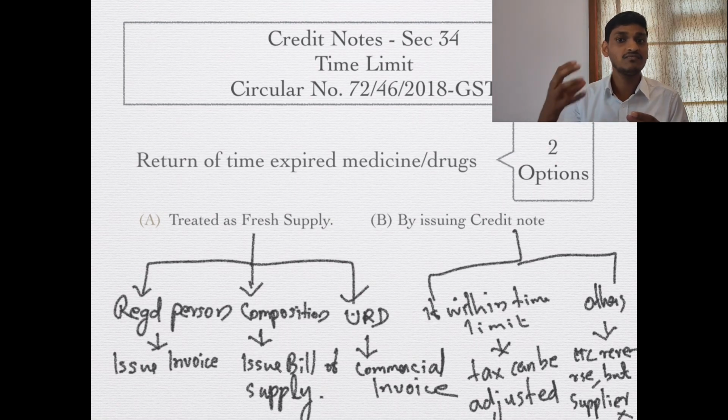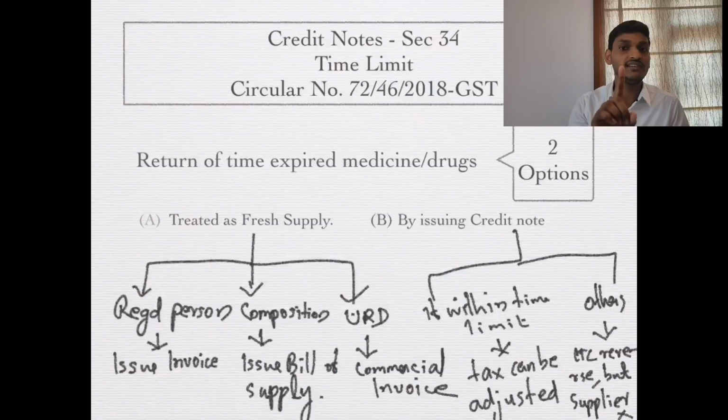That medicine will get expired in a specific time, right? So to avoid difficulties faced by the medicine industry, government has brought in a circular and given some relaxation. Government has said that you can follow two options. Either of the two options you have to follow.